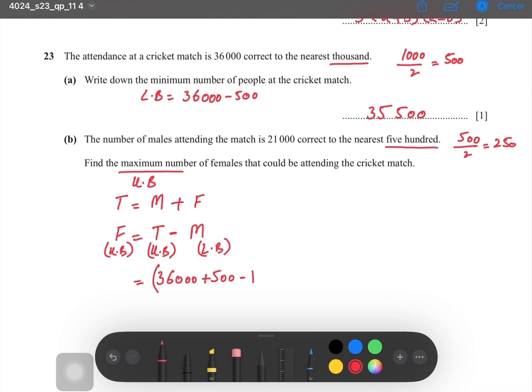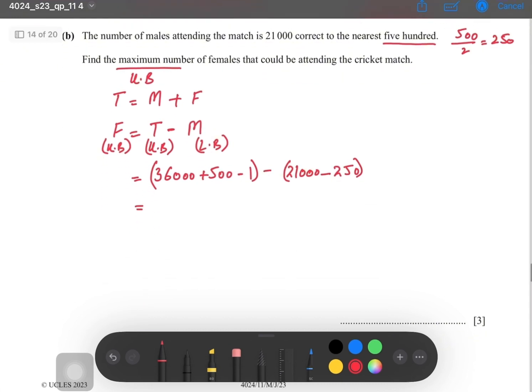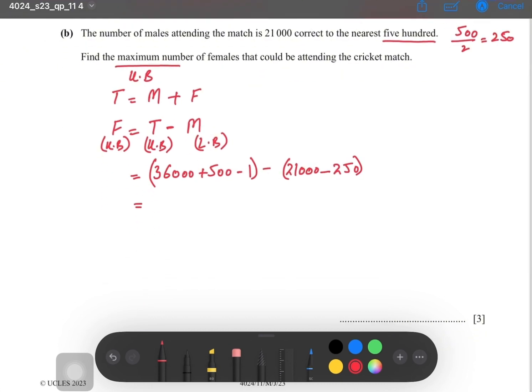So that's why I'll subtract 1. So I have to take lower bound of the male. So it will be 21,000 minus 250. After solving, it will be 36,499 minus 20,750.